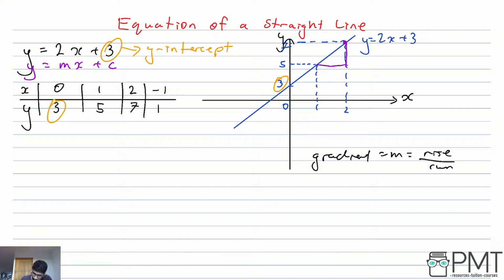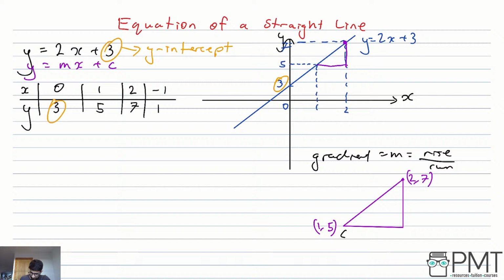We know that this point, so let me redraw that triangle here. So we know that this point is 2, 7, and this point is 1, 5. So how can we find the distances? What's the length of the opposite sides?